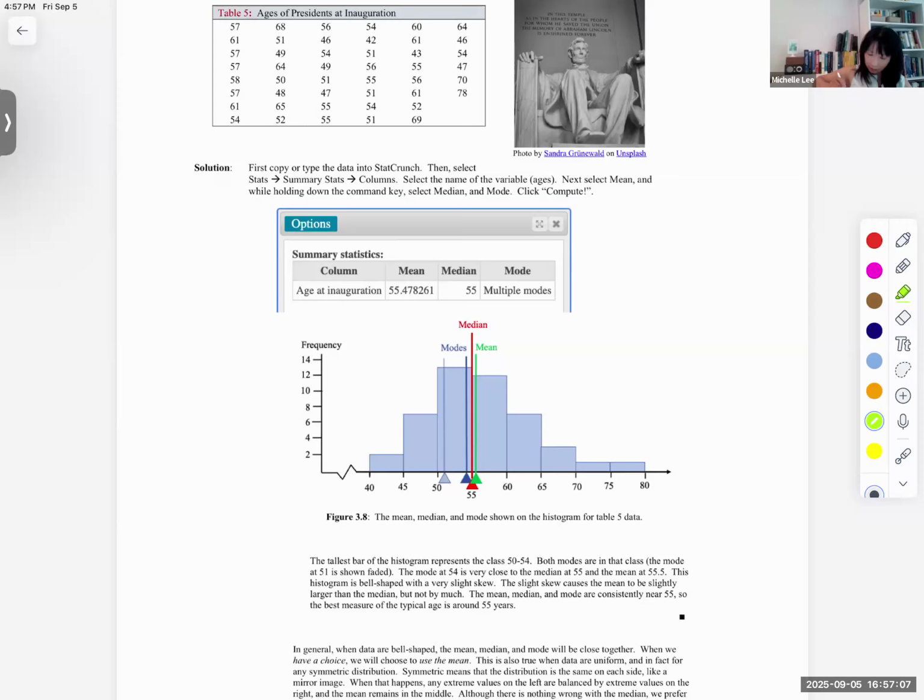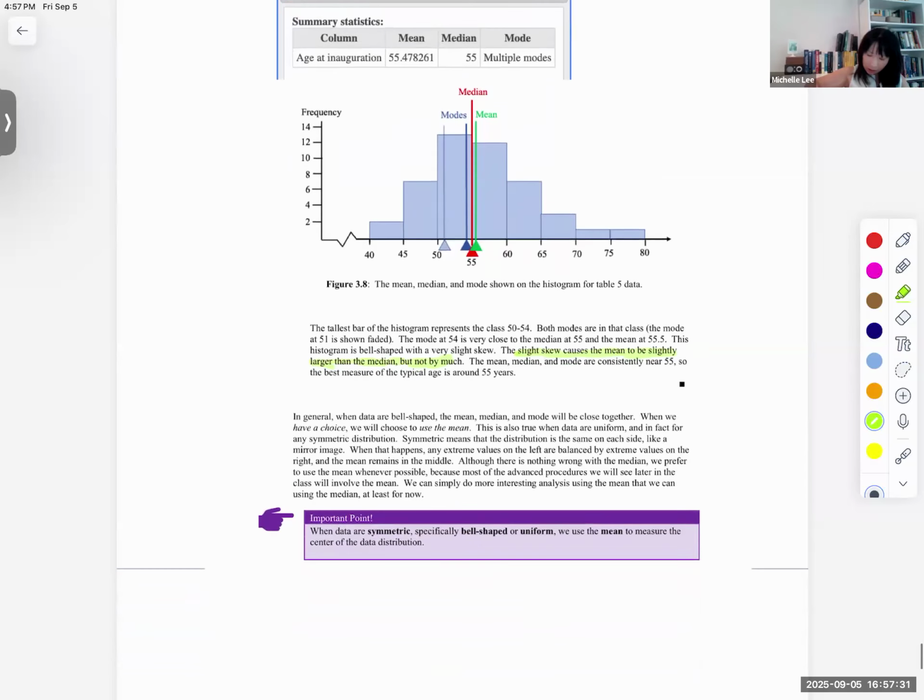Just a little bit, slightly skewed. It causes the mean to be slightly larger than the median, but not too much. It's not 56 or 57; it's 55.47, just a tiny bit, yeah?